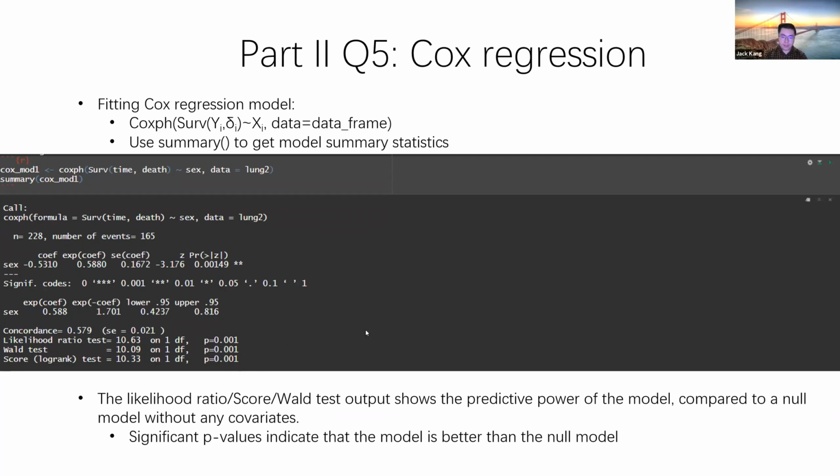And BIC penalizes the model predictors even more heavily. It uses -2 log likelihood plus K times log n, where n is the sample size. You can see that when you have more than 7 or 8 samples, log n is bigger than 2, so this is a heavier penalty. And AIC, compared to BIC, is more generous in including more variables.